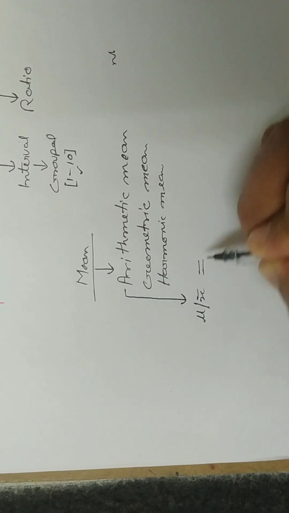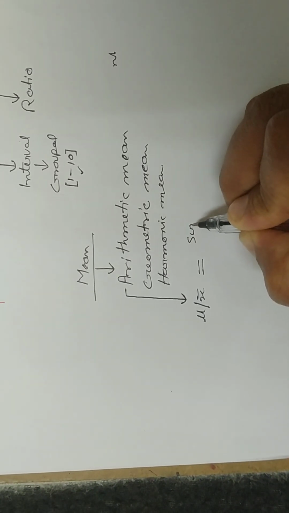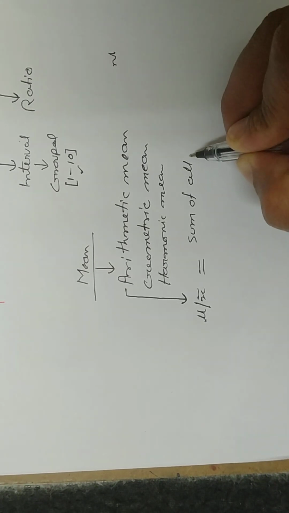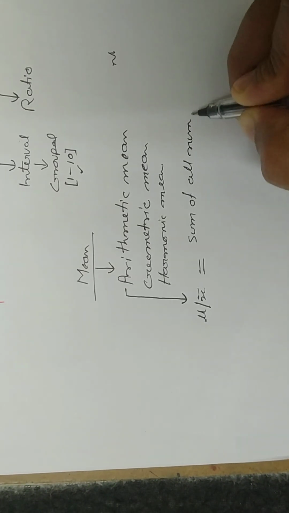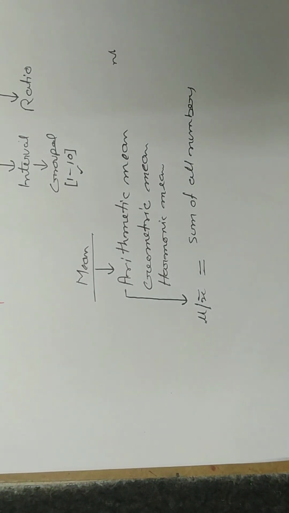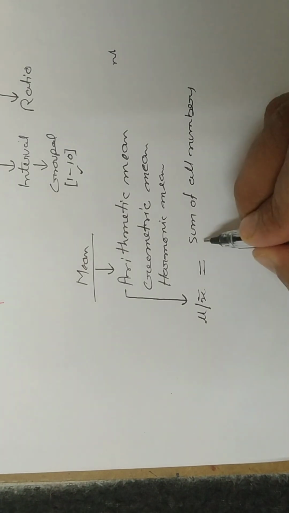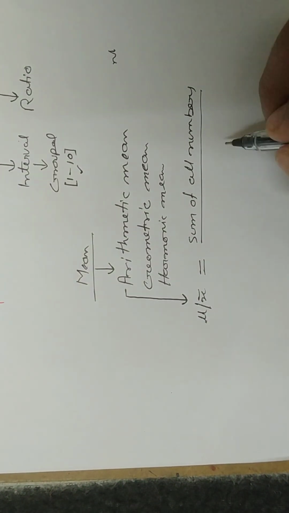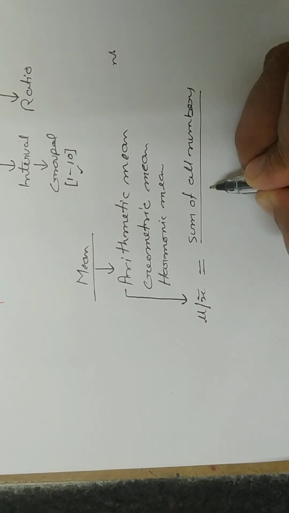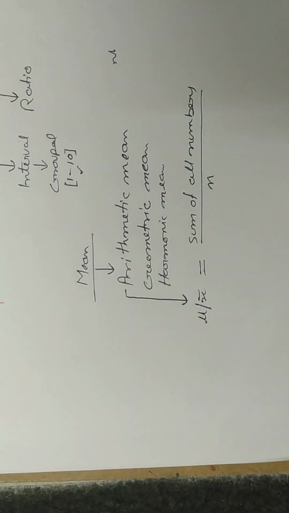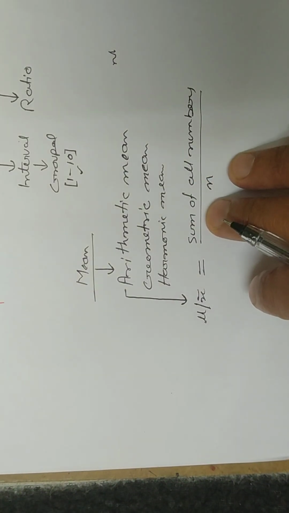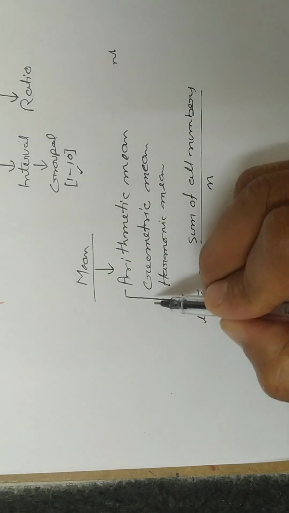It is equal to the sum of all numbers divided by the total count of the numbers, which is denoted by n. This is the general formula for calculation of arithmetic mean.